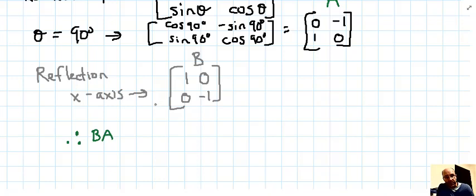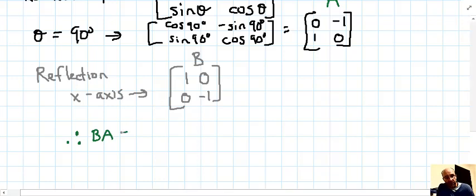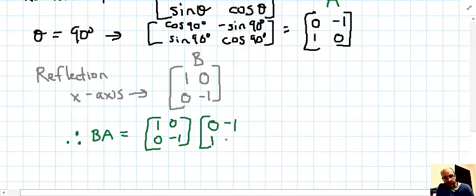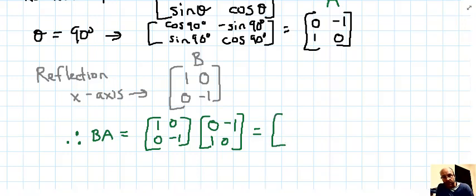Therefore it's B times A. And we do the matrix multiplication. The result of that is 0, negative 1, negative 1, 0. Composition of matrices.